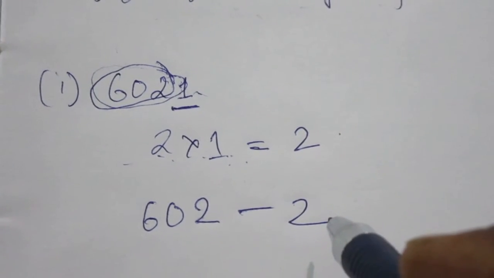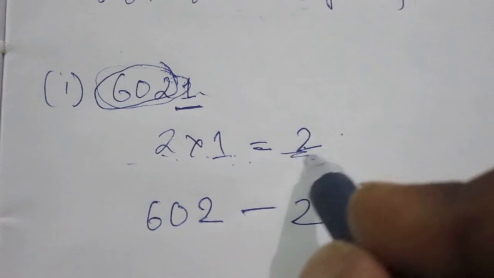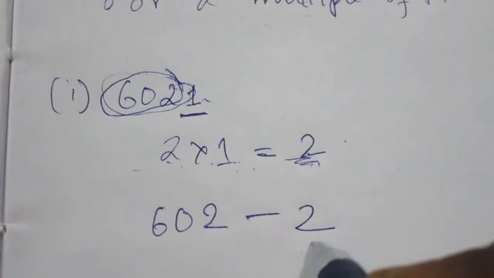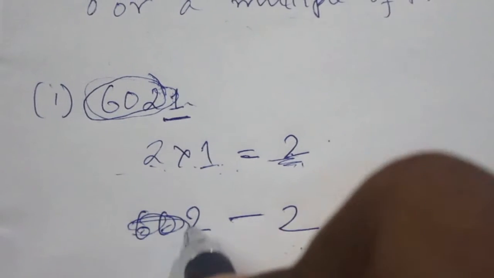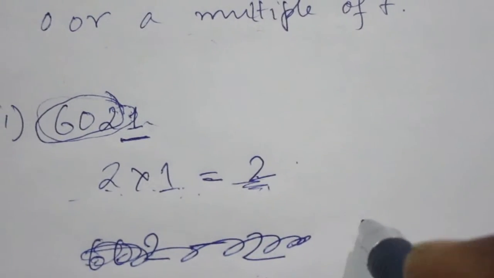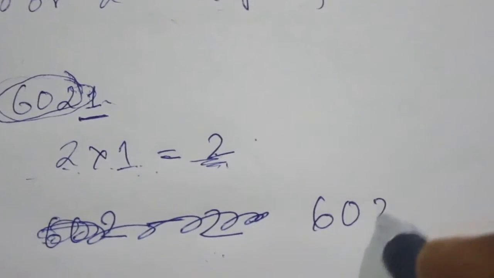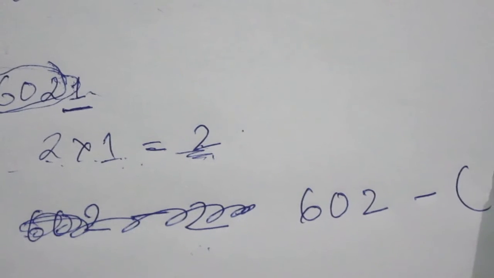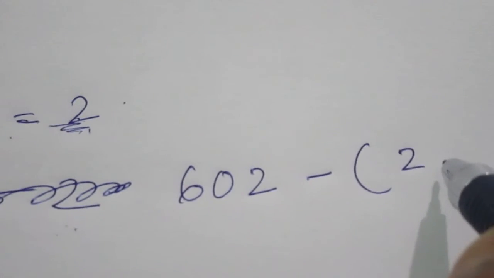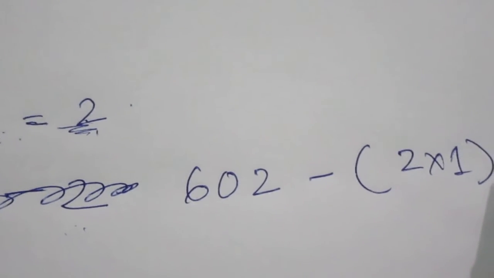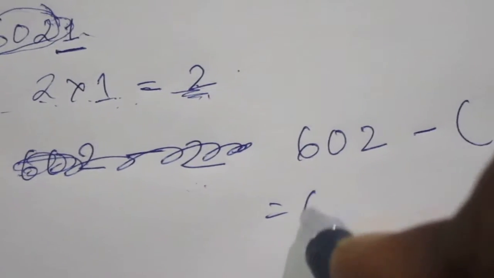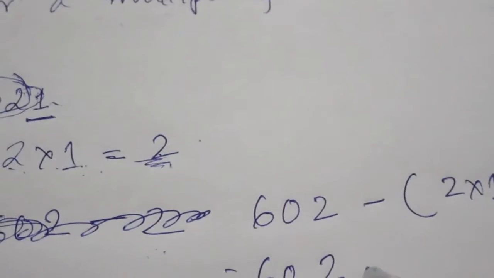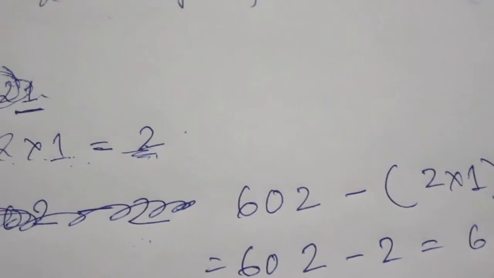Minus 2, these two I have written here. So how can we write it? We can write it like this: 602 minus 2 into 1 is equal to how much? 602 minus 2 is equal to 600.